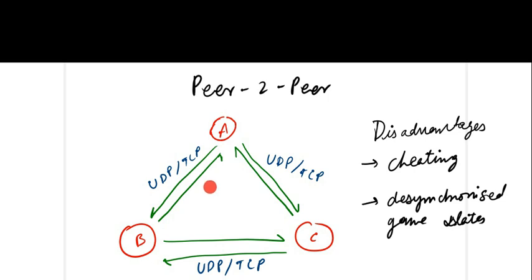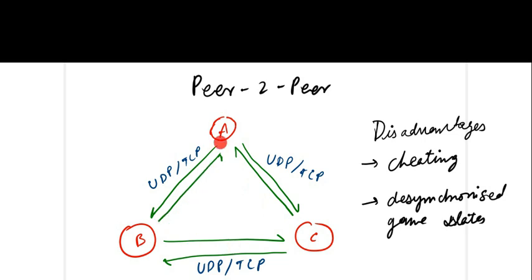There is one more problem with this peer-to-peer model: suppose B has a very slow network connection. There will be a delay in sending the network packets from B to the other clients who are playing the game, and this will hamper the gaming experience of all the other clients because B is getting delayed in sending the packets.